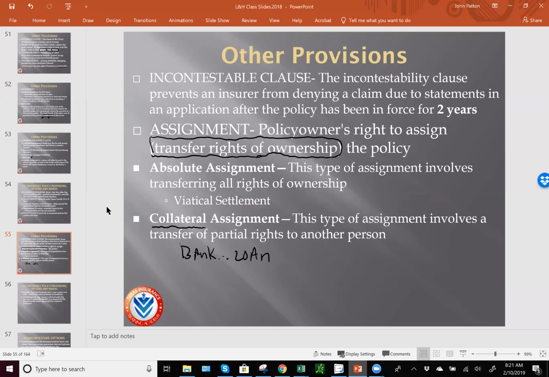I would transfer partial rights over to the bank while I've got the loan out. That way, if I die before the loan gets paid back, they're allowed to collect the amount I owe them, and then my beneficiary would get whatever's left. Once I pay off the loan, all rights would transfer back over to me. Okay, so if you see somebody going to a bank to get a loan, collateral assignment might be one of your answers.